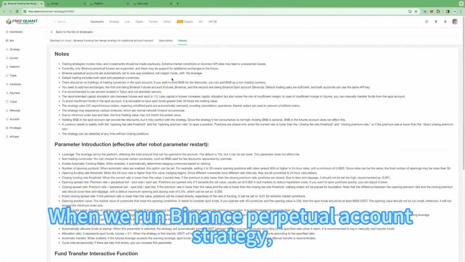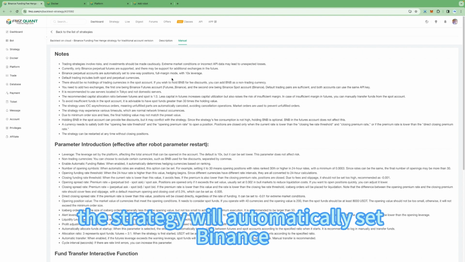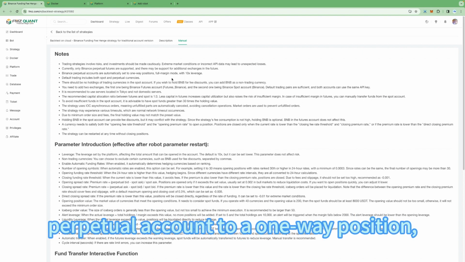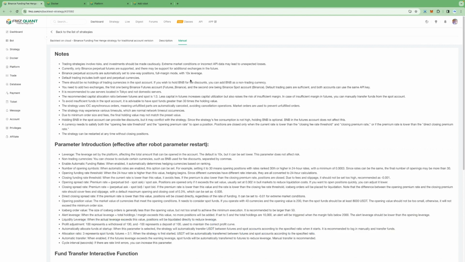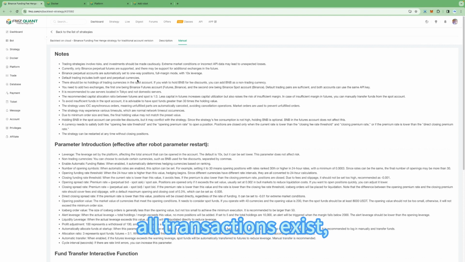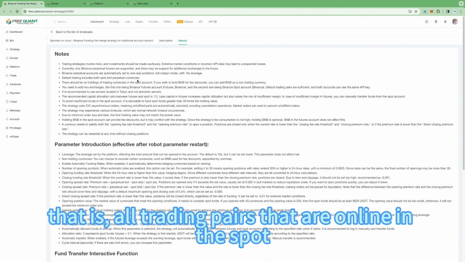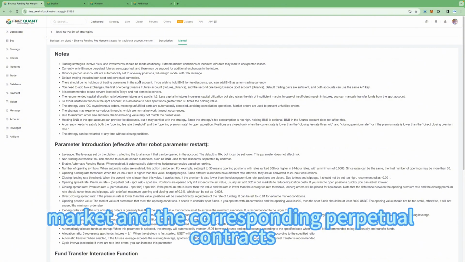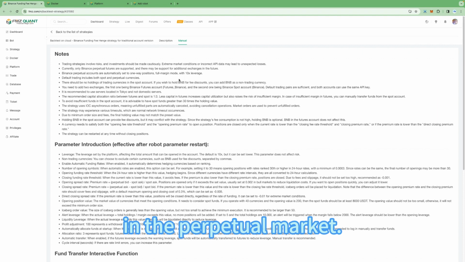When we run Binance perpetual account strategy, the strategy will automatically set Binance perpetual account to a one-way position, full position mode with 10 times leverage. The default strategy is that all transactions exist, that is, all trading pairs that are online in the spot market, and the corresponding perpetual contracts in the perpetual market.